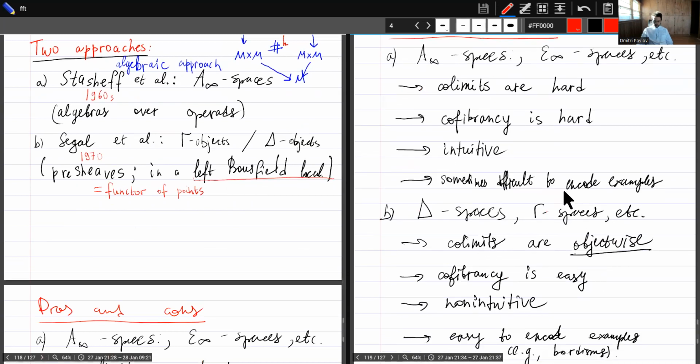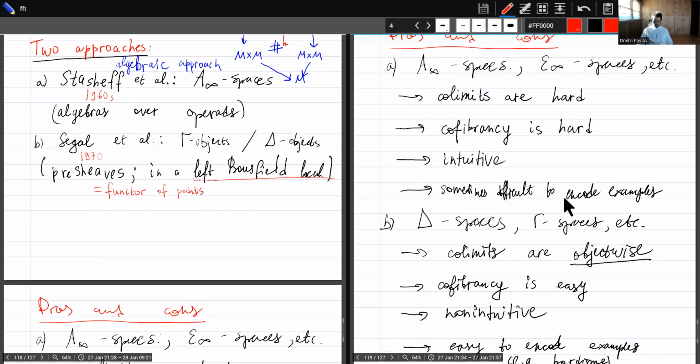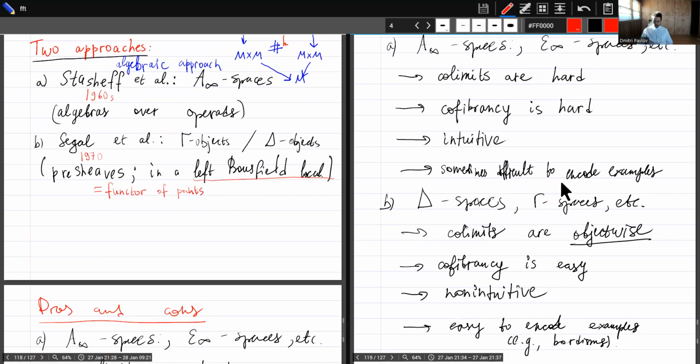Yeah, so let me summarize what I just briefly mentioned. What are the pros and cons of what I call the algebraic approach, and perhaps we can call the other the geometric approach?